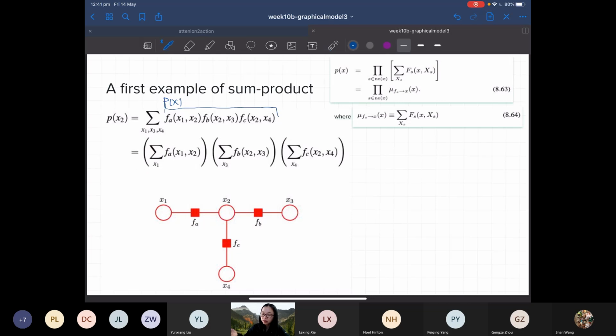So this is essentially f of a, little x, which is x2 here, and then x of a. In here, x of a is only one node, x1. So this is what this expression means. And according to A.63, the marginal probability is 3 of these sums, because the node x2 has 3 neighboring factor nodes.